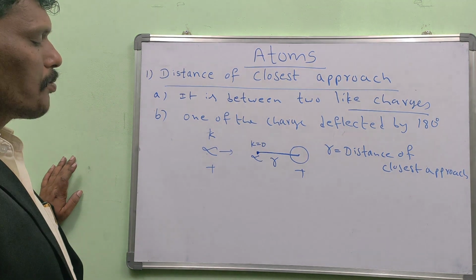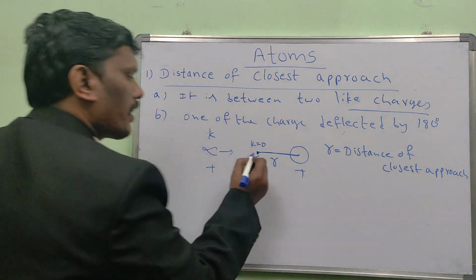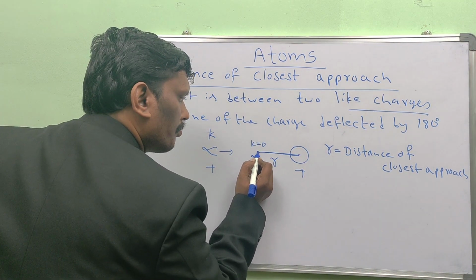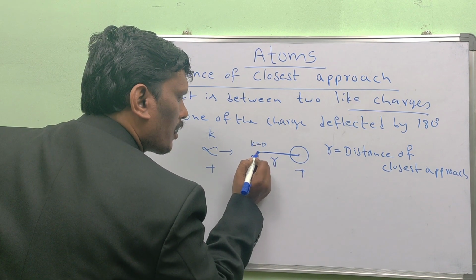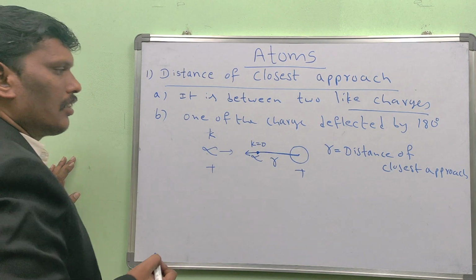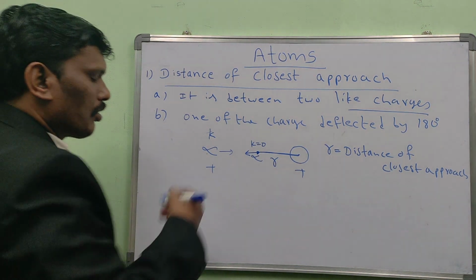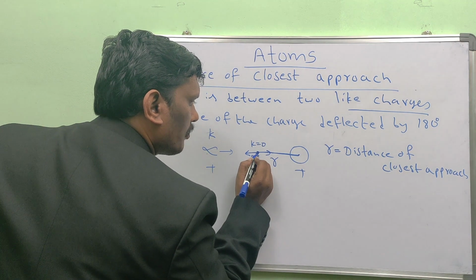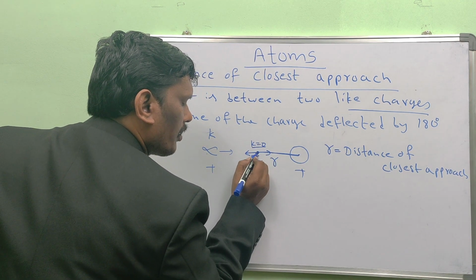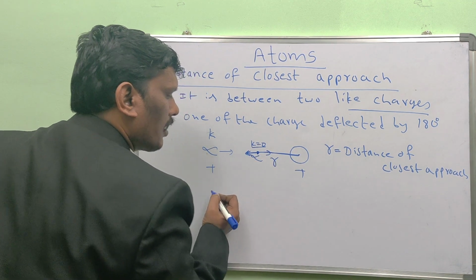At the distance of closest approach, what will happen? Here the kinetic energy completely becomes zero, and because of the repulsion force between these two, it will be returned back along the same path. The initial direction was this one, and after the kinetic energy becomes zero, its path reverses.